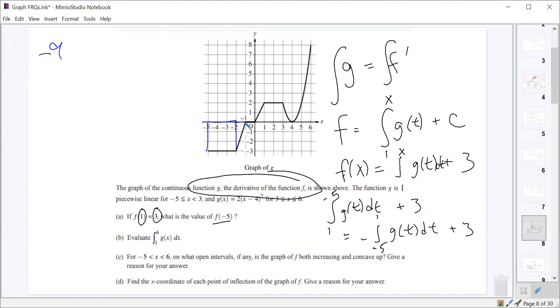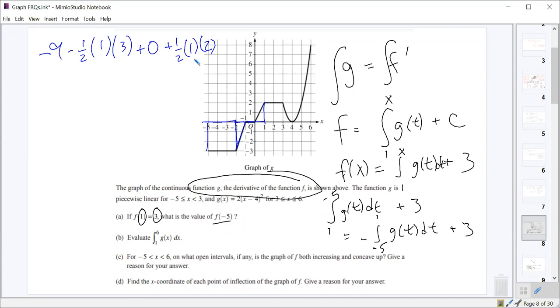Then we have this little triangle here, which is also below the x-axis, so we'll say minus 1/2 the base times the height. Then we have a piece that's flat across the x-axis. That's going to be nothing, right? That'll be 0. Then we've got this other little triangular piece above, which will be a positive 1/2 of 1 for the base and 2 for the height.